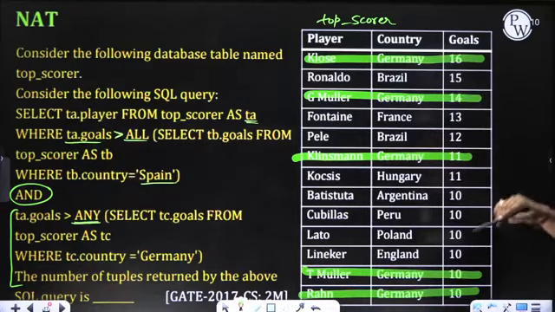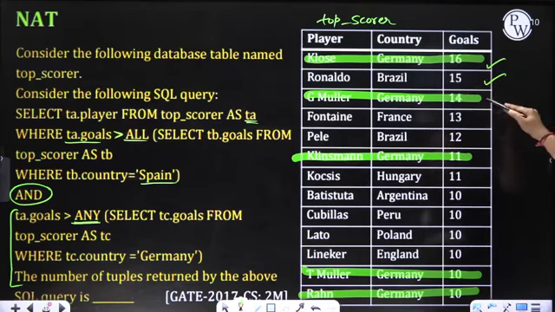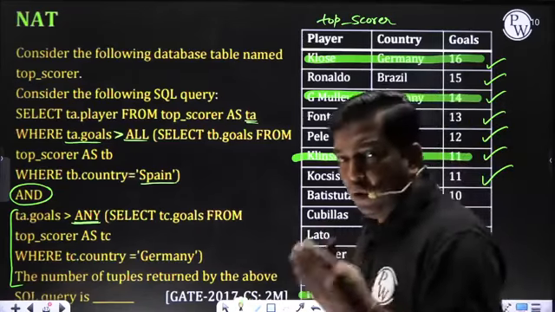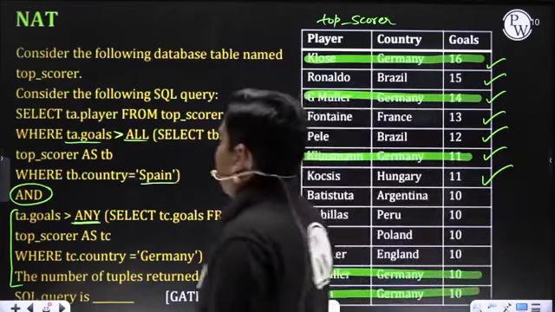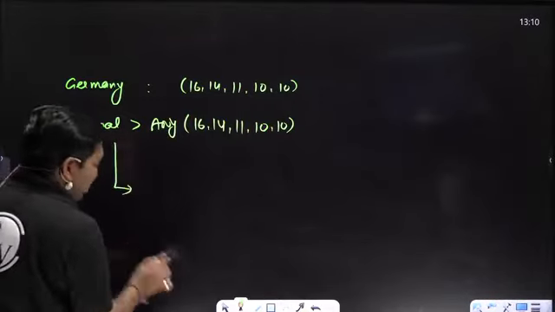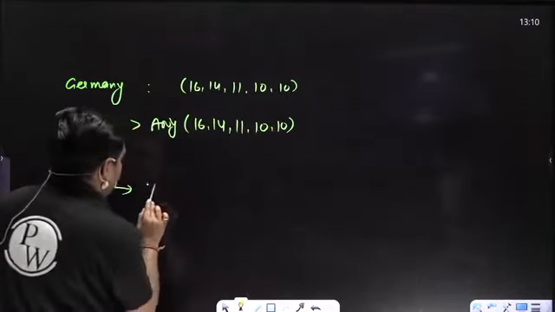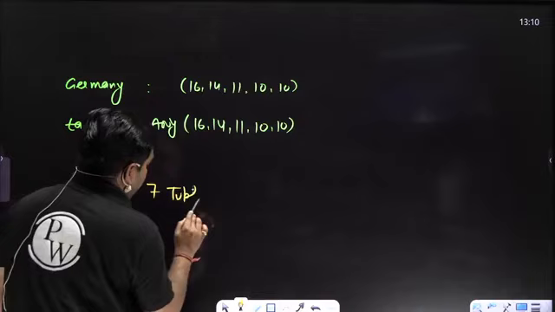You can see 1, 2, 3, 4, 5, 6, 7. So there are 7 tuples which have a goal greater than 10, my dear.